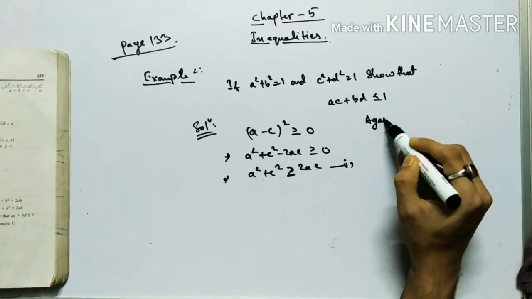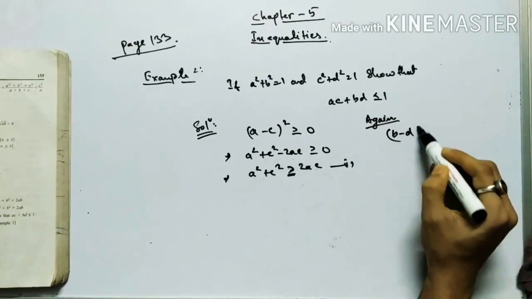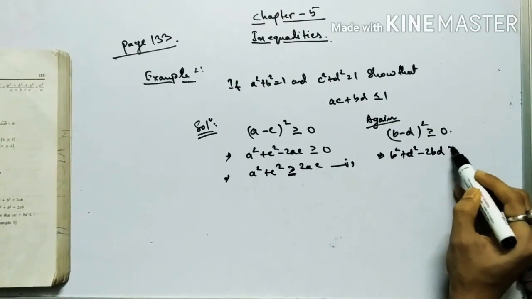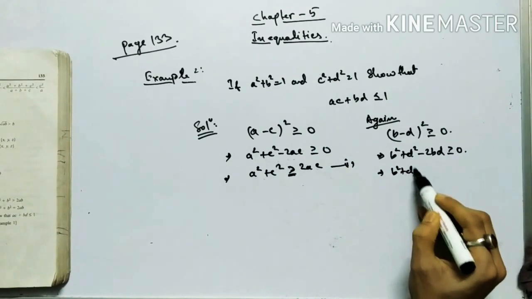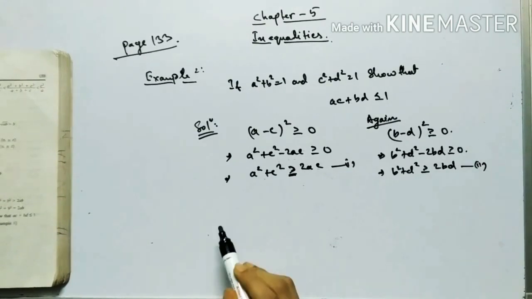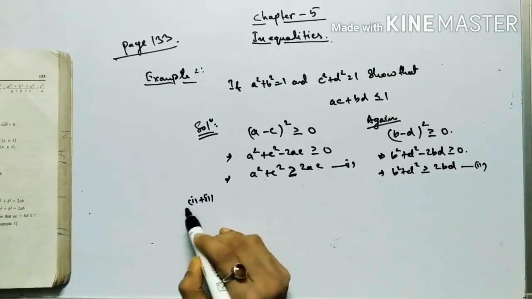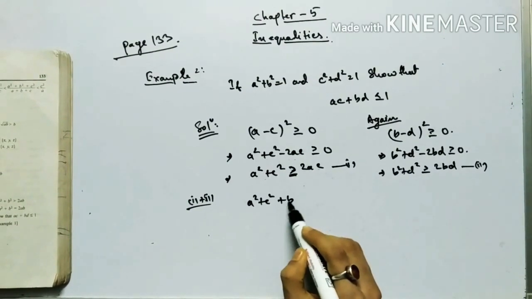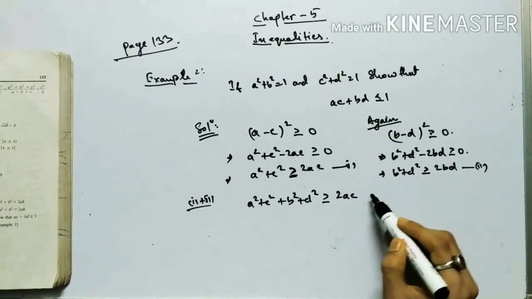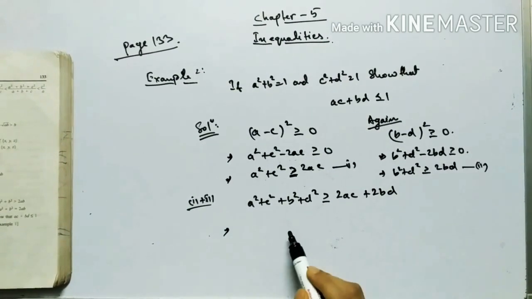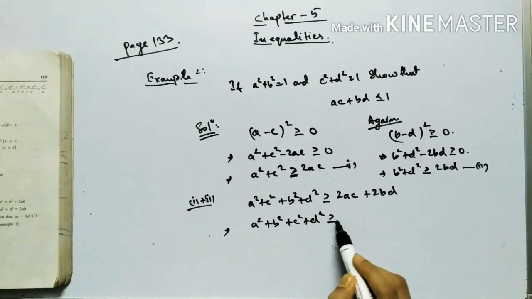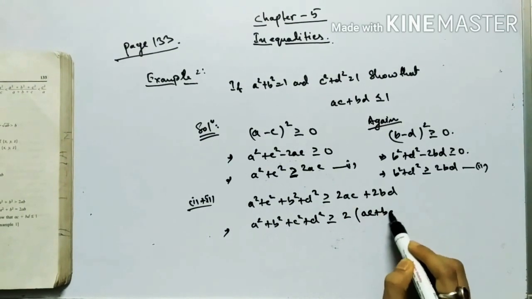Again we take B minus D the whole square greater than or equal to 0. This will be B square plus D square minus twice BD greater than or equal to 0, so B square plus D square is greater than or equal to twice BD, and this is equation number 2. Now I will add equations 1 and 2. I get A square plus C square plus B square plus D square greater than or equal to twice AC plus twice BD, which I can write as A square plus B square plus C square plus D square greater than or equal to 2 times (AC plus BD).